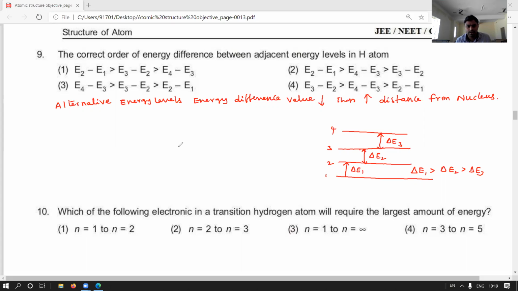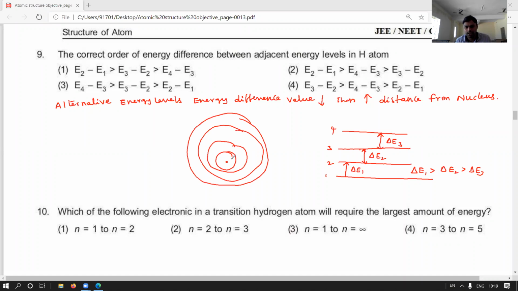Okay, see, it is the nucleus. You have to remember the energy levels mean shell numbers only. 1, 2, 3, 4. This is delta E1, this is delta E2, and this is delta E3.